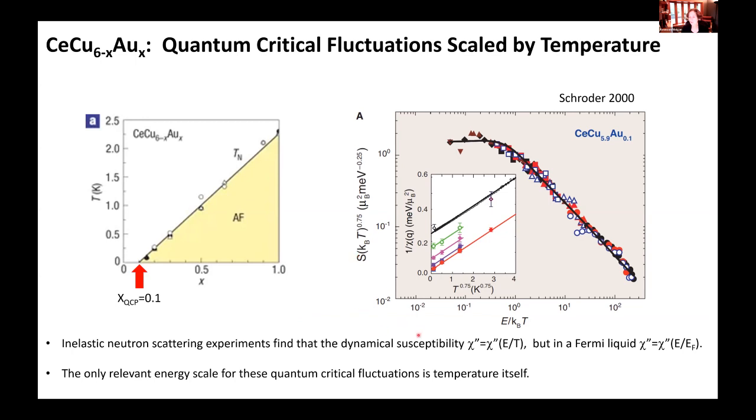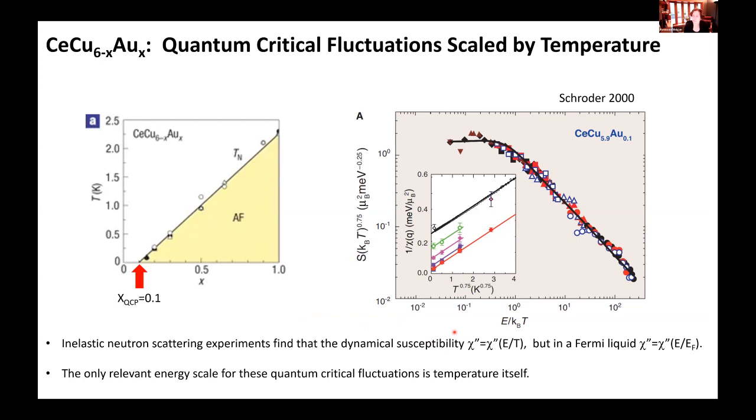But the data here are plotted not as a function of energy, but rather as a function of energy divided by temperature. It's really a very profound result, because think about it for a minute. Of all the excitations that you know and you learned about in school, every single one of them has a characteristic scale of some sort. Phonons have the Debye temperature.